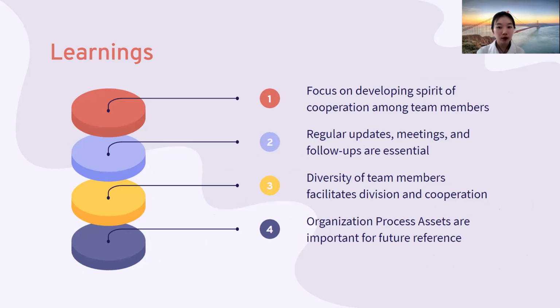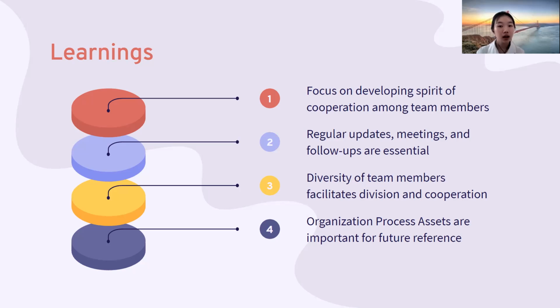First, we have to focus on developing the spirit of cooperation among team members. The successful completion of our project was due to the cooperative spirit of our team. Second, regular updates, meetings, and follow-ups help us keep track of progress and free up time for additional work requested by our clients. Third, we think the diversity of team members is very important.